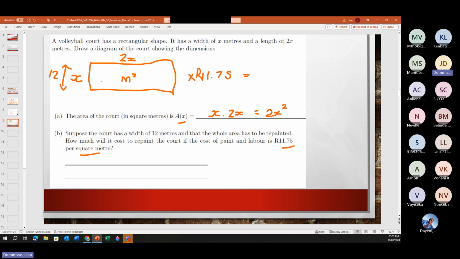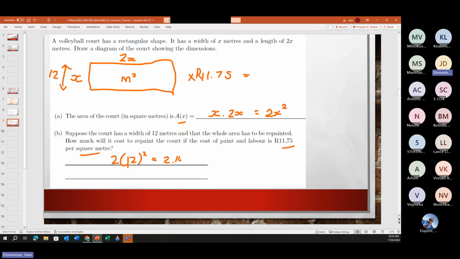Let's work out the area first. We know that x is equal to 12. So 2 times x to the power of 2. 12 to the power of 2 is 12 times 12, which is 144.